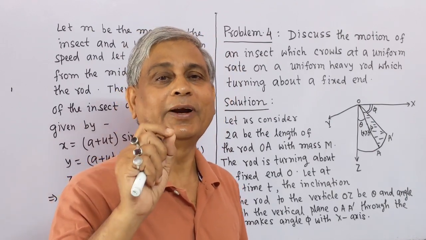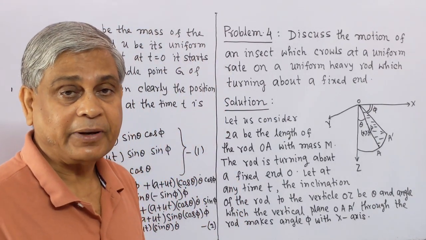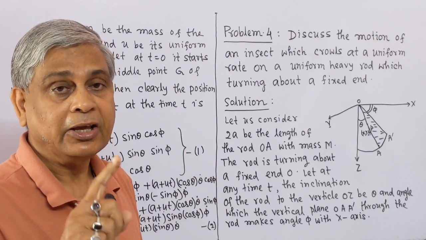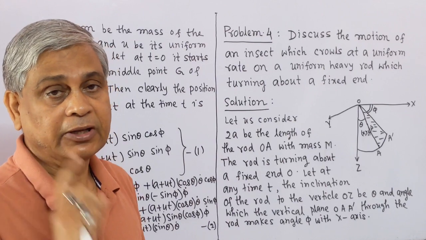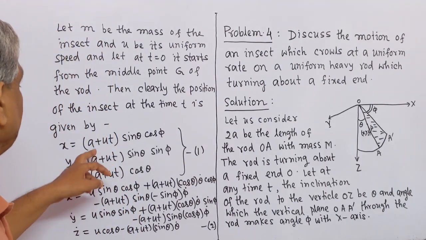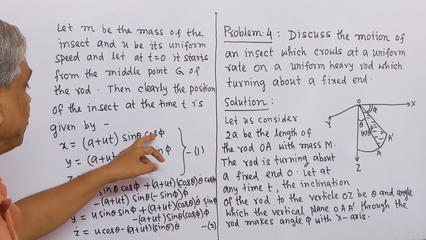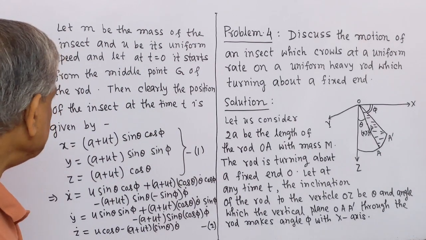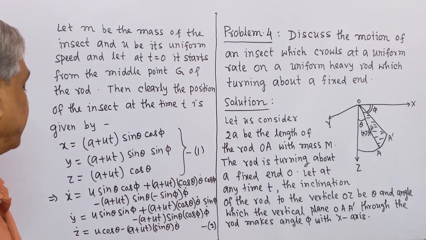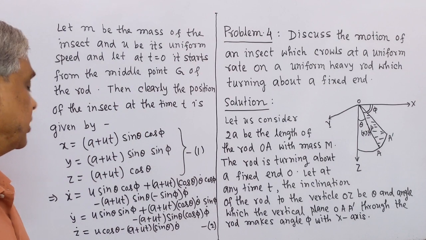So the x coordinate will be x equal to (a plus ut) sin theta cos phi. The y coordinate will be (a plus ut) sin theta sin phi. The z coordinate will be (a plus ut) cos theta.